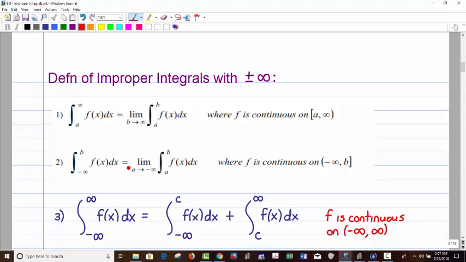And they're just using a different letter, a. Like I was saying a minute ago, it's not mathematically wrong if you used b here and a there, because the value is going to be whatever the value is. You're replacing the infinity with some sort of letter. Obviously, b is going to be some sort of number, but you could use b again right here, and then your function's continuous on negative infinity to b.